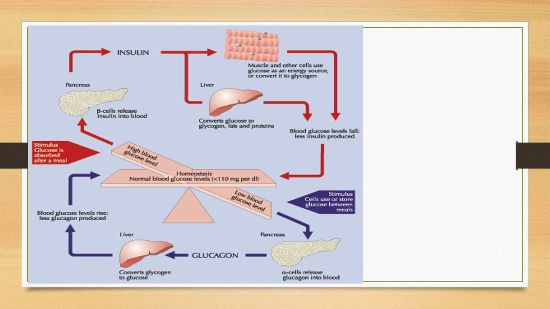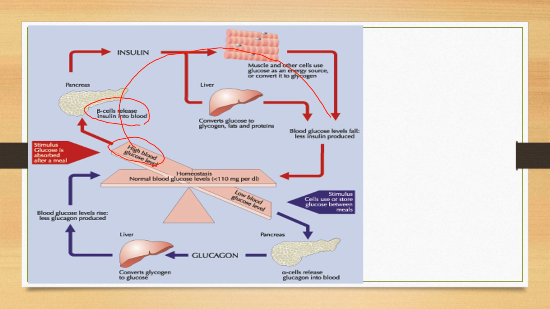Then, with the help of insulin released by beta cells, the glucose is either stored as glycogen or used. Whenever you don't eat, the glucose level comes down.